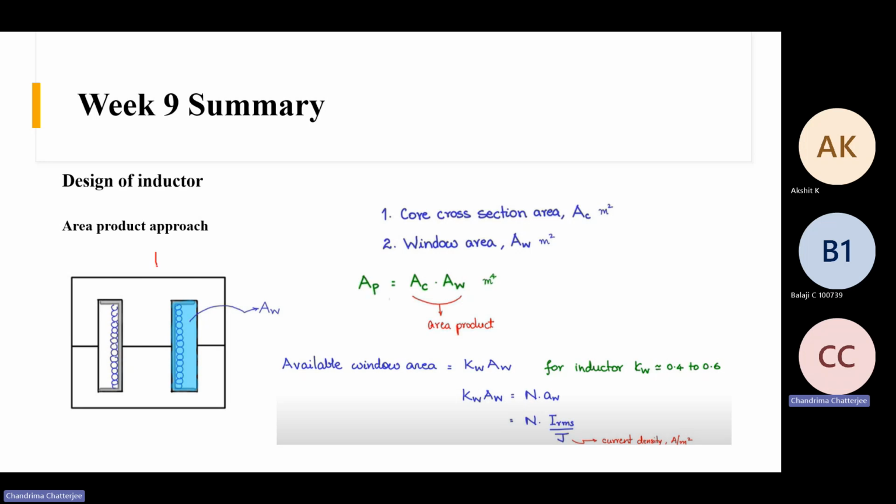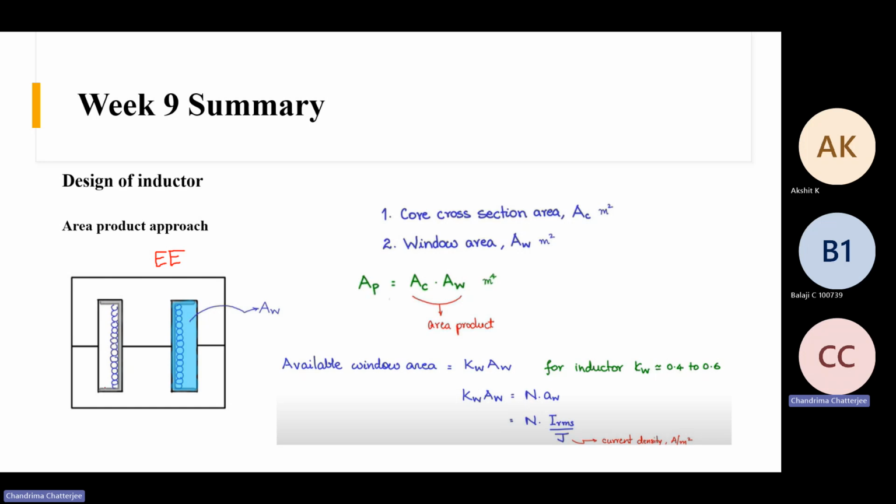There are different types of cores. If you tell, I can share the link of any catalog, you will get various data sheets on the internet. There can be E core, ETD cores, toroidal cores, pot cores. So various types of cores are available.